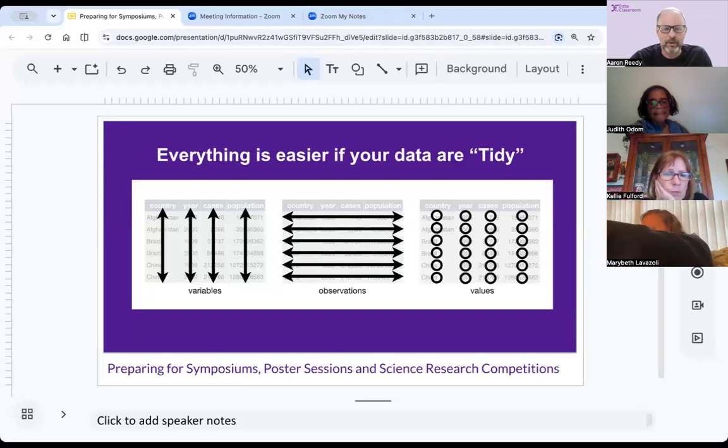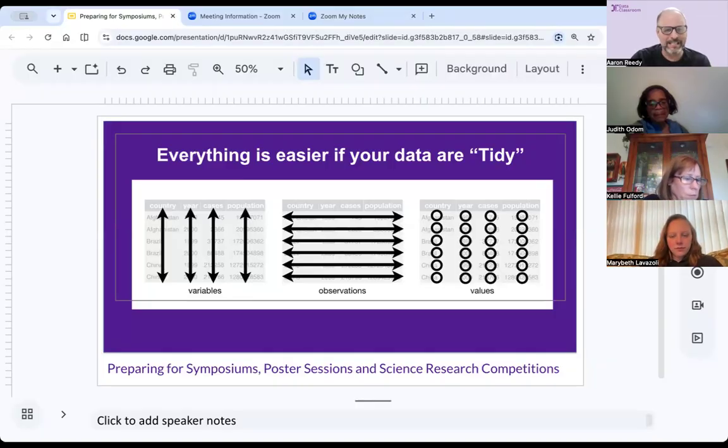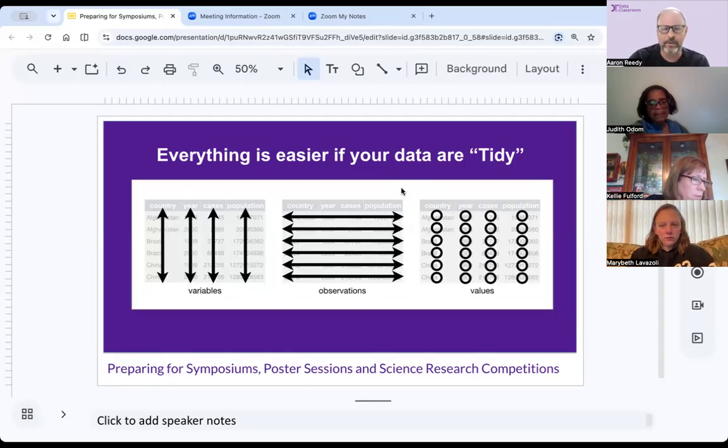If you've heard any data classroom webinars in the past, you've heard me talk about tidy data before. I can go on and do an entire 45 minutes on tidy data, but I'm not going to do that today. I just want to say this would be the first thing I would be asking a student before they're getting ready to do any kind of analysis on their project.